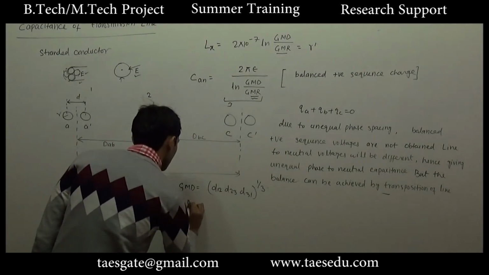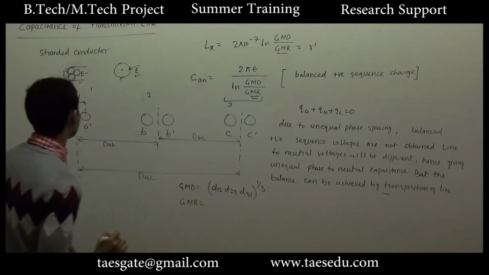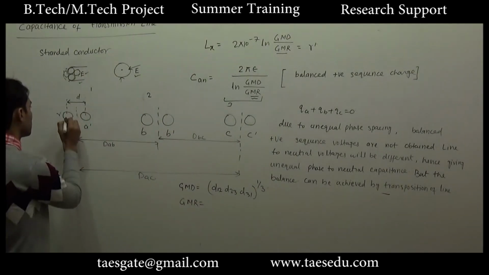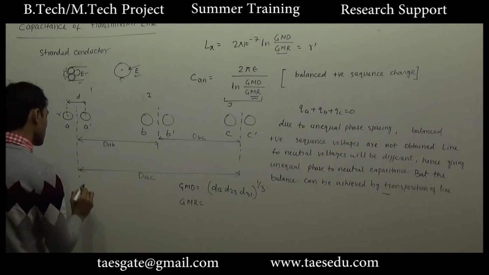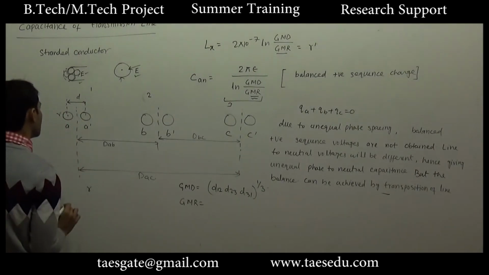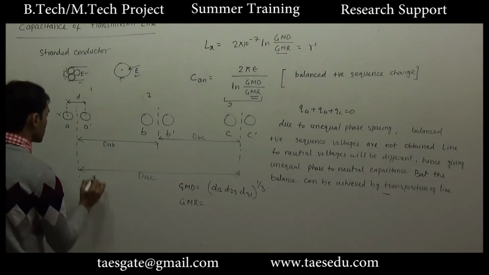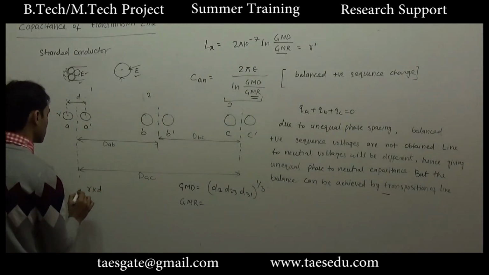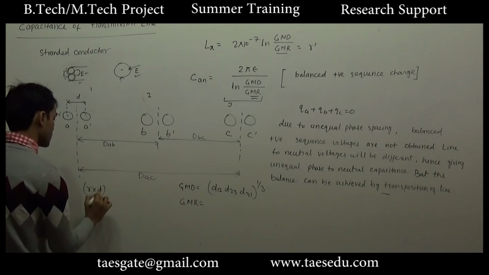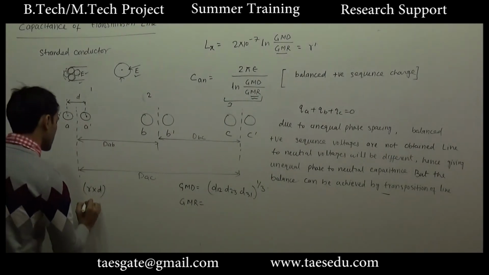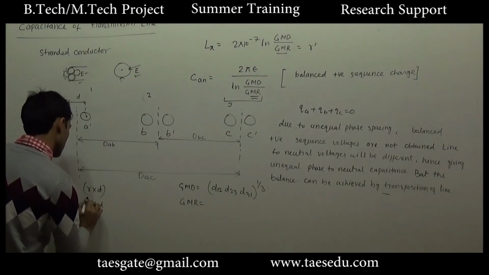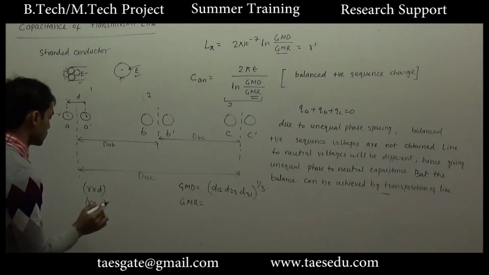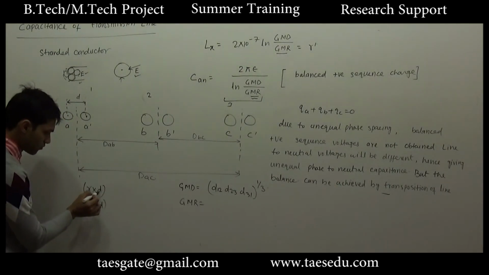And what will be GMR? For this conductor we have two distances. First is its radius only, and the second distance is d. Similarly, for the second conductor, its radius and d. So we have four distances.